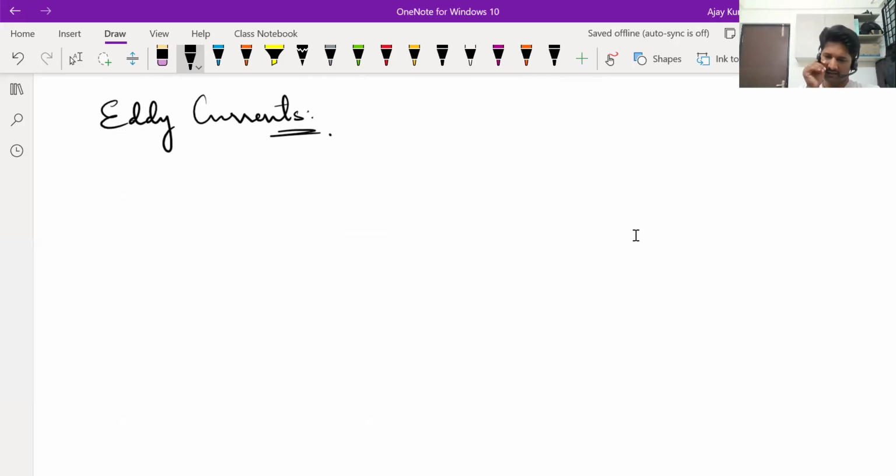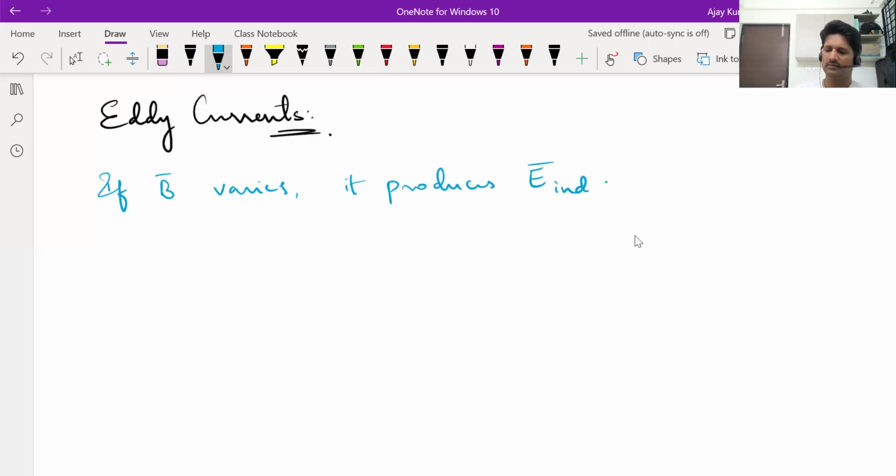Now, how are these generated? We know that if the magnetic field in a region changes, not flux, if the field varies, an induced electric field is produced. That is one thing.